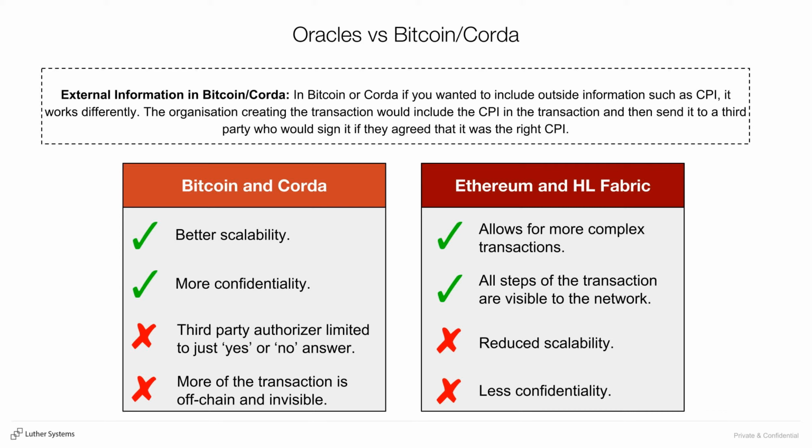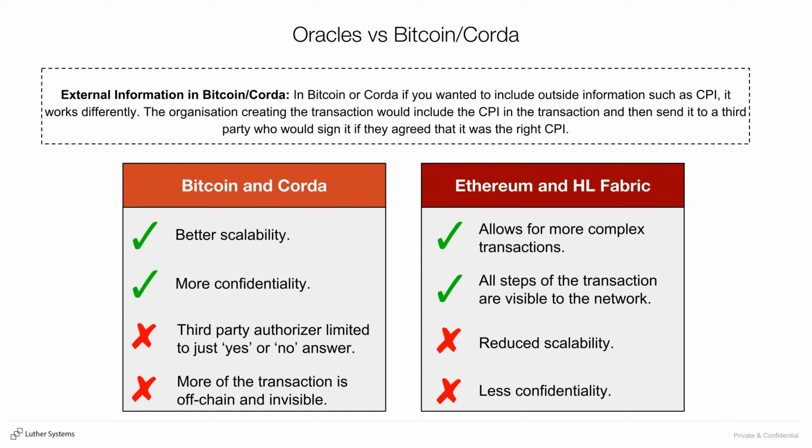Whereas in the Bitcoin and Corda model, the philosophy is more, no, you take as much as you can off the blockchain, and the blockchain becomes more of either a settlement or a verification layer of processes that have been executed off the blockchain.